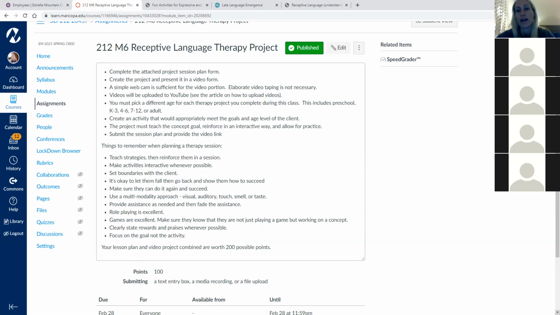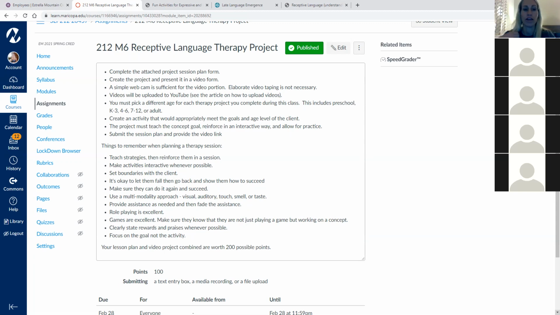What are some activities you might do with the age group? Obviously what you might do with a 2-year-old is different than what you do with a 12-year-old. So that's what I'm looking for. Can you look at 2 goals, come up with activities to address that, and then highlight that? Show me how this activity is going to address the goal.